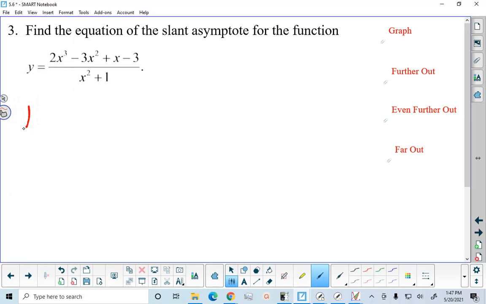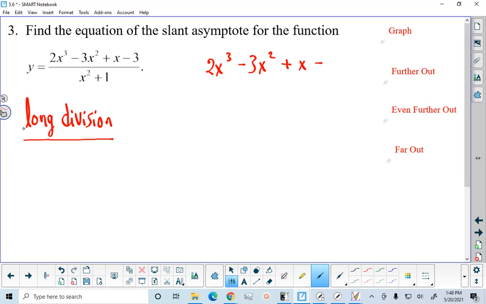And in my Math 30 class, when we do long division, at the time, I show you long division and then say, but unless you're going to move on and take calculus, don't worry about it. You can always use synthetic division. Well, now it's time to buckle down and use long division. You can't use synthetic division here. So we are going to have to divide 2x cubed minus 3x squared plus x minus 3.